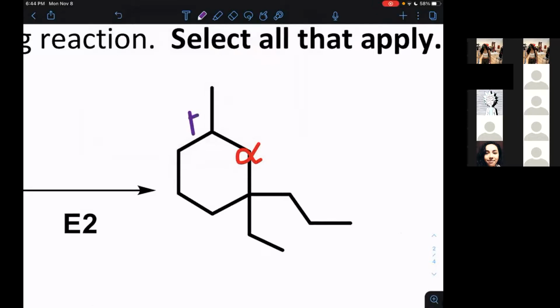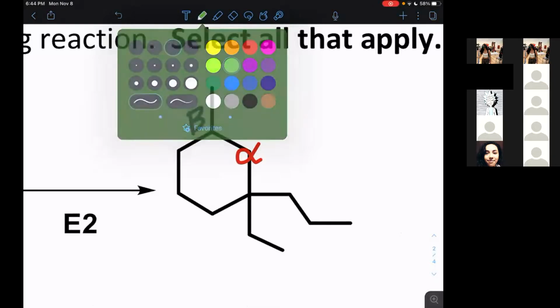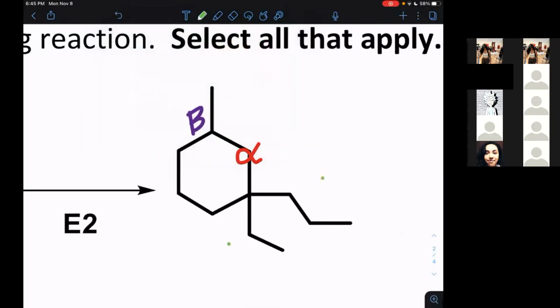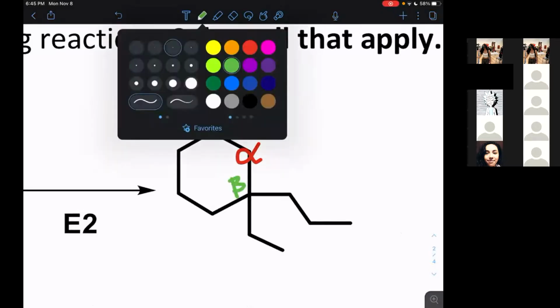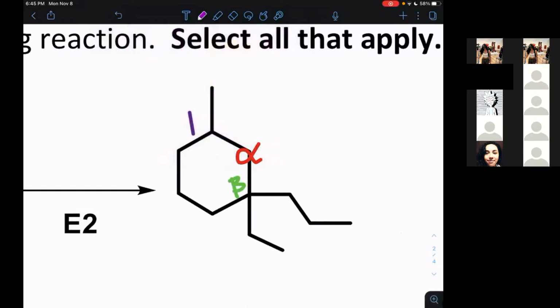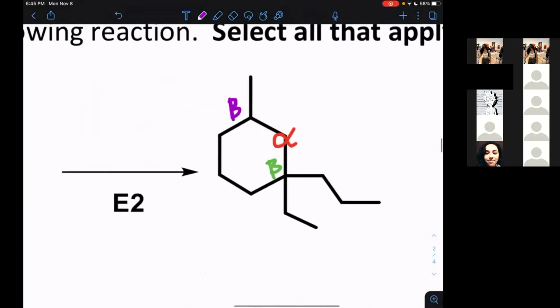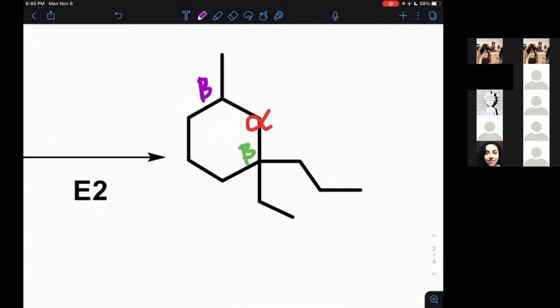So this one, and then we also have this one. Okay. Is there something wrong with one of the beta carbons?